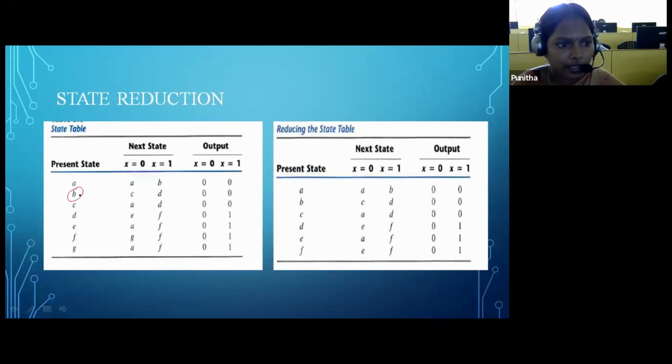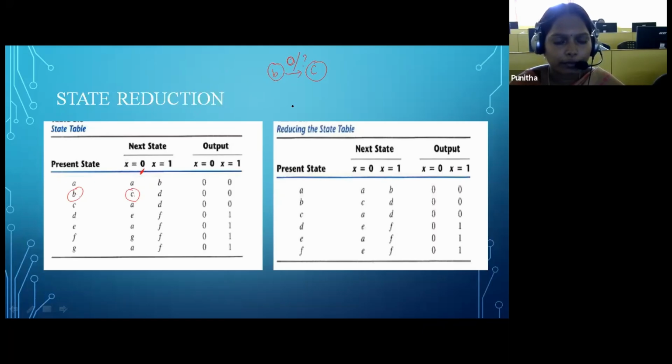Next state is B, in which I need to specify the next state for the input x equal to 0. The present state is B, and the next state is C. For the input x equal to 0, what will be the output?